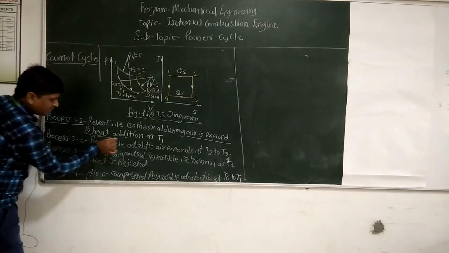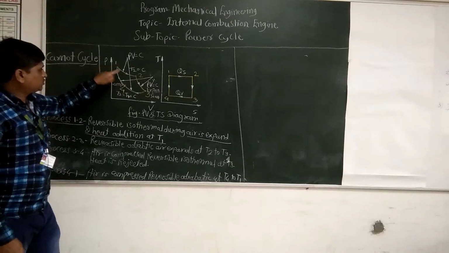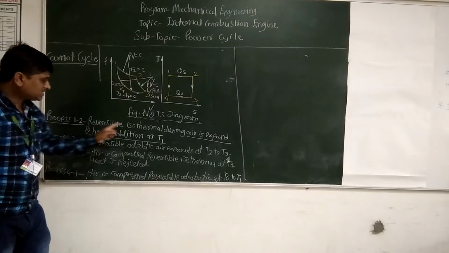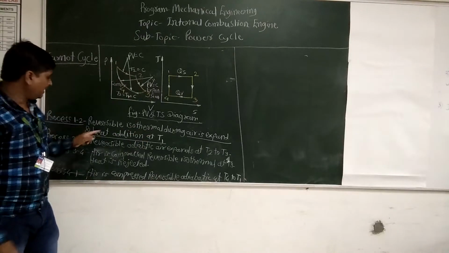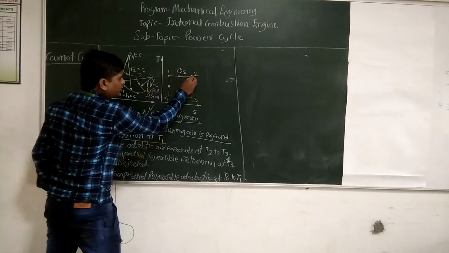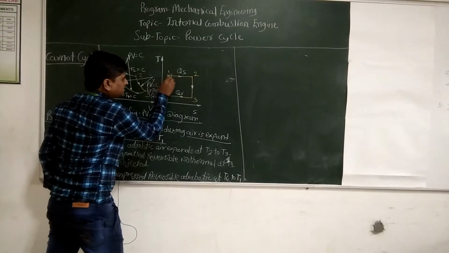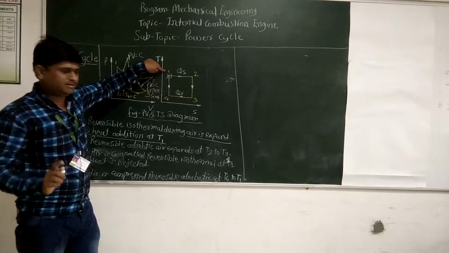Heat is added at temperature T1, so in this reversible isothermal process air is expanded and heat is added at temperature T1.